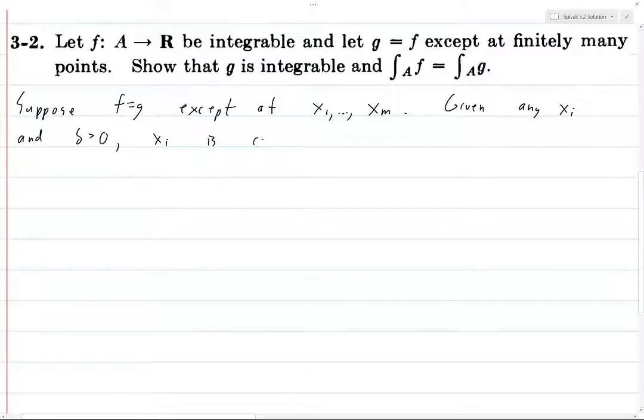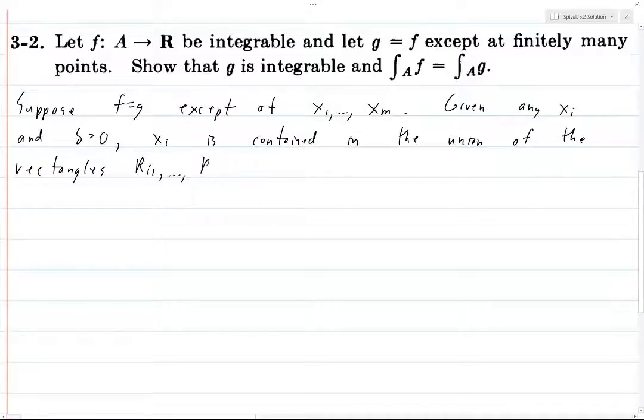xi is contained in the union of the rectangles, and we will call them Ri1 through Ri.